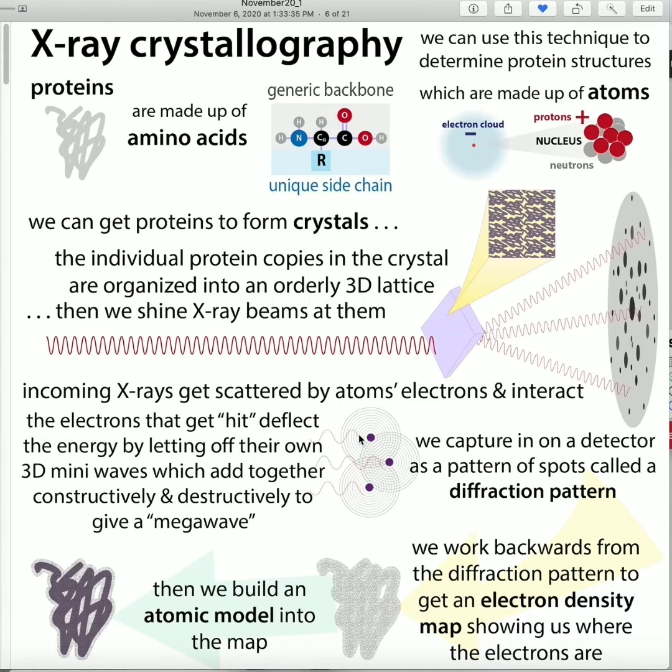Basically, what you do with crystallography is you get the protein, or whatever other molecule you want to look at, to form a crystal, which is an orderly lattice. It's kind of like a brick wall in all dimensions, where you have a basic repeating unit, and what's in that unit is the same.